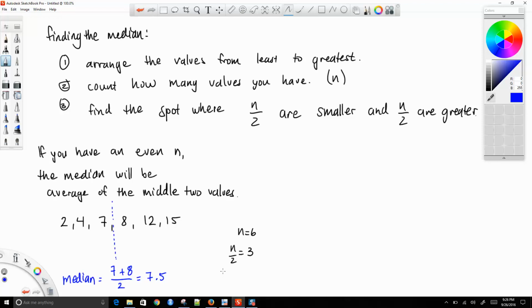Okay. If you have an odd n, okay, you'll still go n over 2 values smaller and n over 2 values greater, and then 1 equal to the median itself.